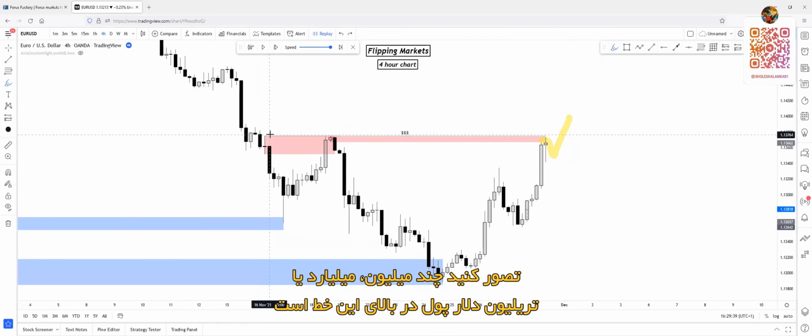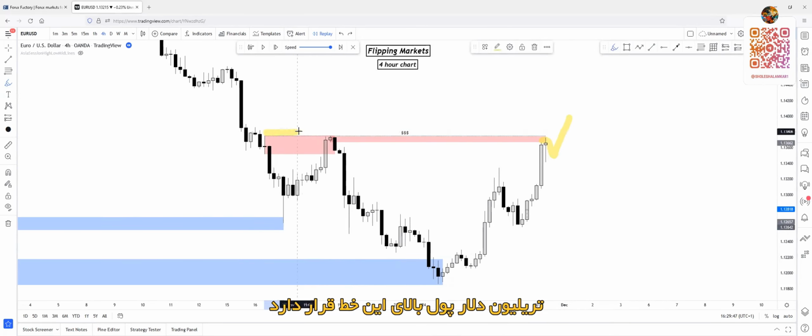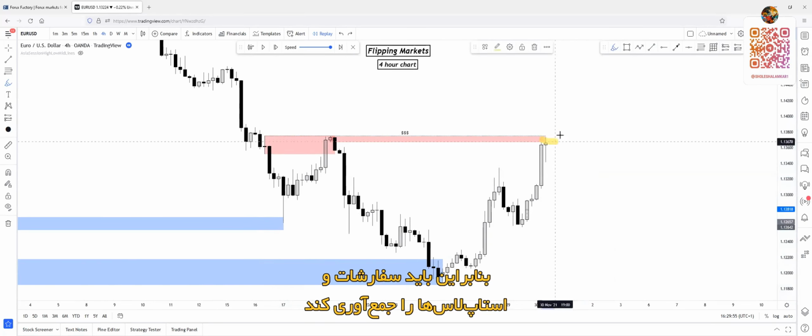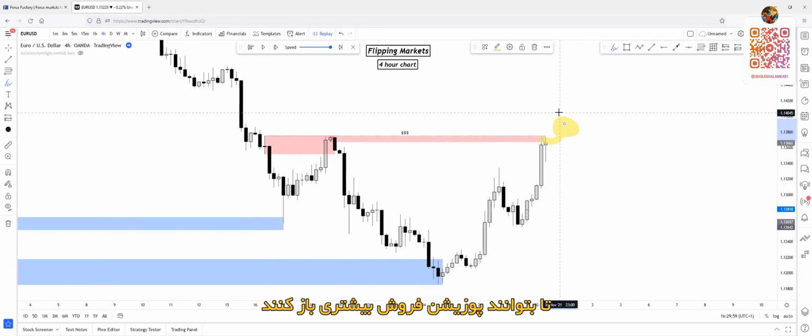Just imagine how many millions and billions of dollars are sitting just above this line. This is a 4-hour chart. Price will sweep all of this liquidity in order to continue the whole bearish trend. So it has to collect the orders, has to collect the stop losses in order to open more sell positions.